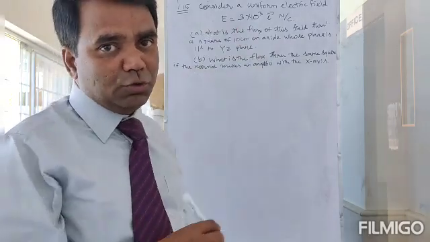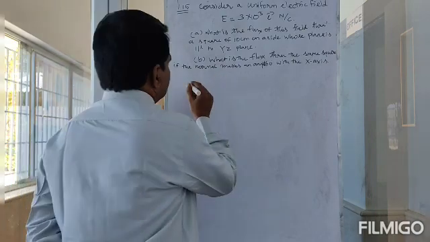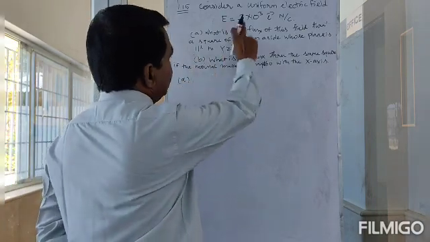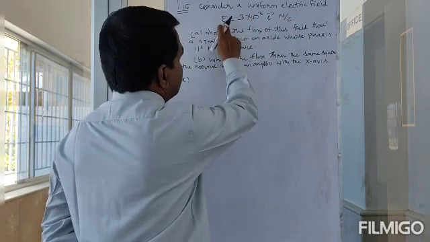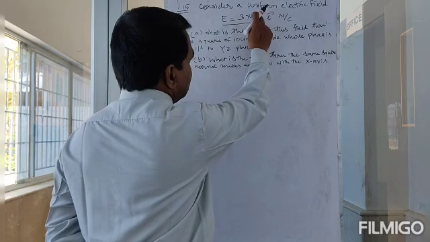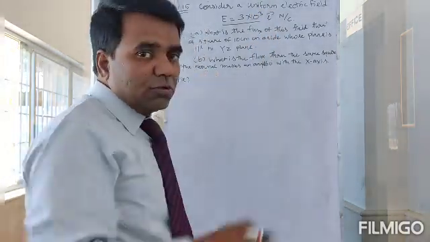So let's see how to do them. First one, A. First of all, let's see where the field is. It is E, which is equal to 3 into 10 to the power 3 i Newton per coulomb.